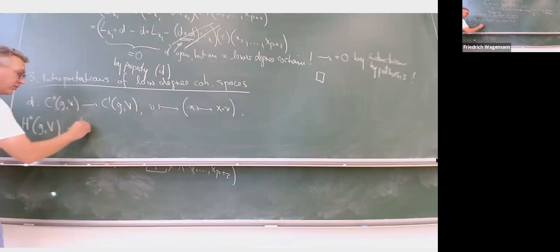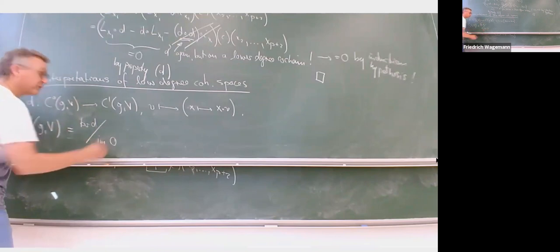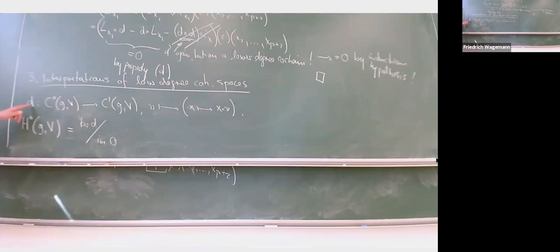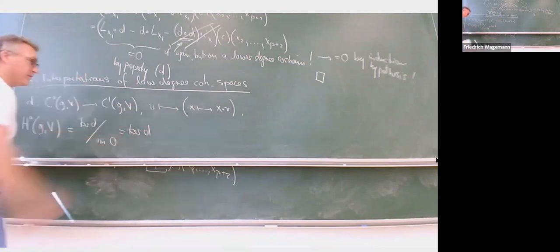And so H0 of g is the kernel of this D divided by the 0 map. Yeah, because the space C-1 here is 0, and there's no differential coming into C0, so the image here is 0. So this is just the kernel of this map.